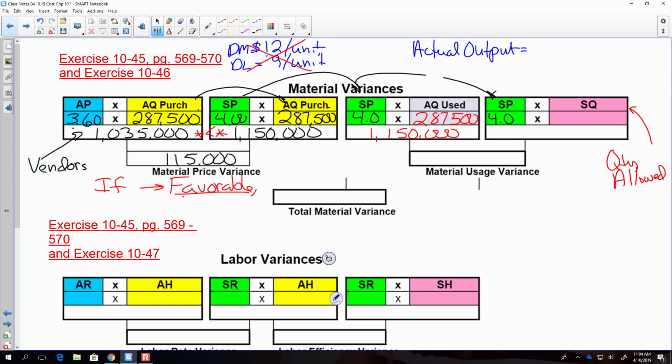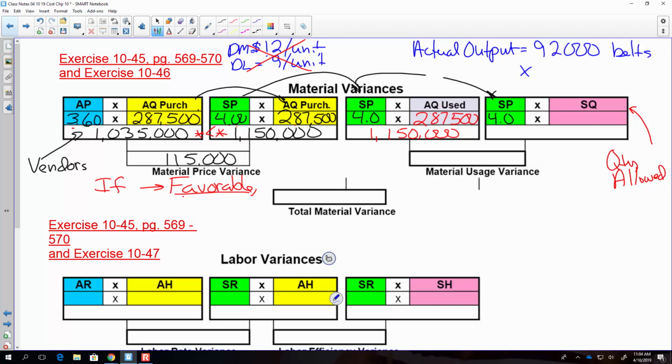How many belts? 92,000. So you will be told somewhere in the problem what the actual output is. It could be belts, gallons, shoes, shirts, whatever. Belts. And I'm going to multiply that by the allowed quantity per unit.